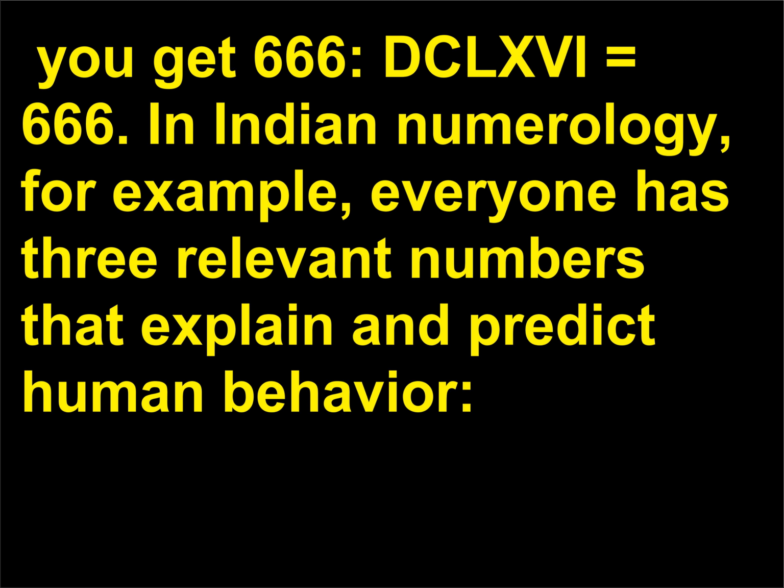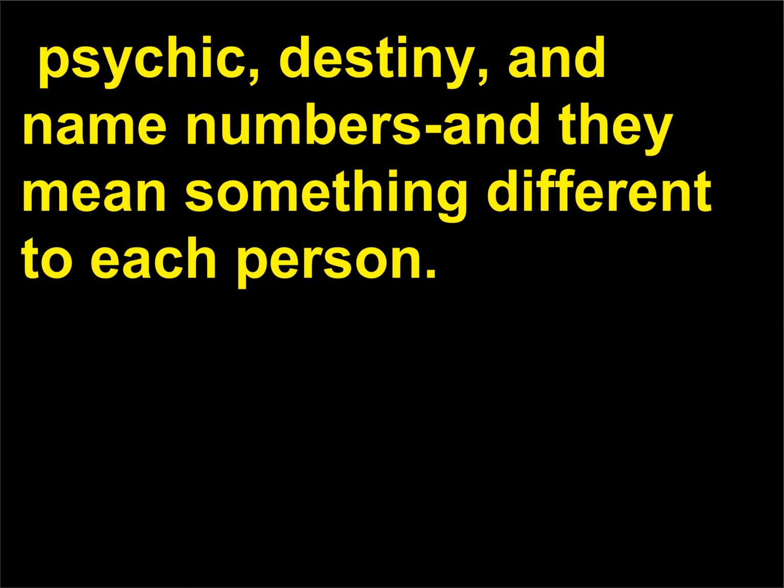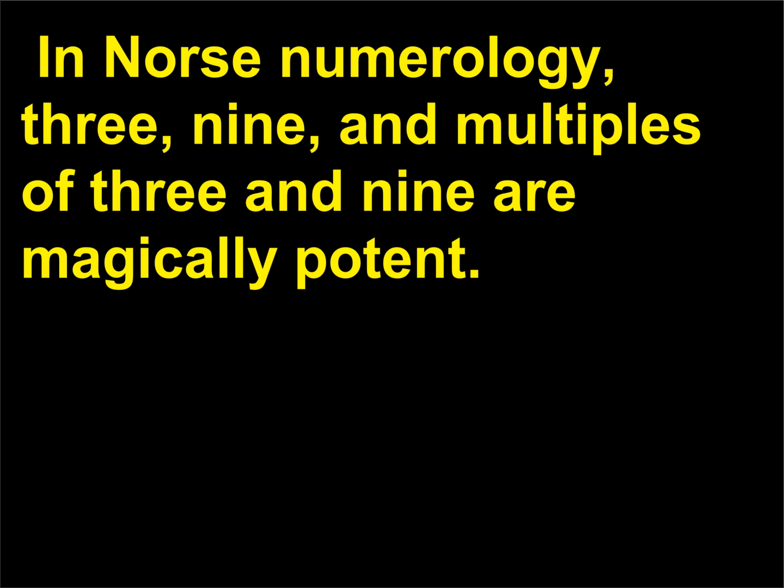In Indian numerology, for example, everyone has 3 relevant numbers that explain and predict human behavior: psychic, destiny, and name numbers, and they mean something different to each person. In Norse numerology, 3, 9, and multiples of 3 and 9 are magically potent.